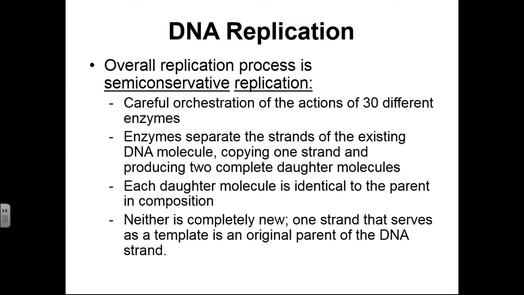This process of making a new piece of DNA or going through DNA replication is called semi-conservative replication. We call it semi-conservative because if we look at the new double-stranded piece of DNA, half of it is brand new and the other half has been recycled.